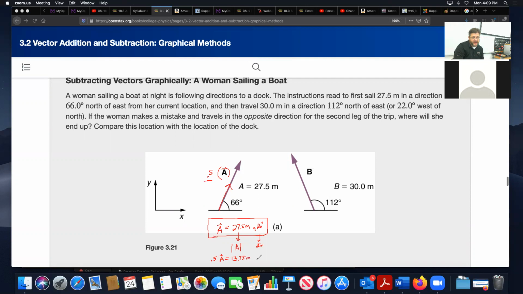Meters. And the angle is not affected by the scalar. Comma, the angle is not affected by scalar multiplication, so it stays at 66 degrees. All that the scalar multiplication does is it affects the magnitude of the vector. If I multiplied this by 2, then this would go up to like 55. If I multiplied it by -6, then this would actually switch the direction of this vector.